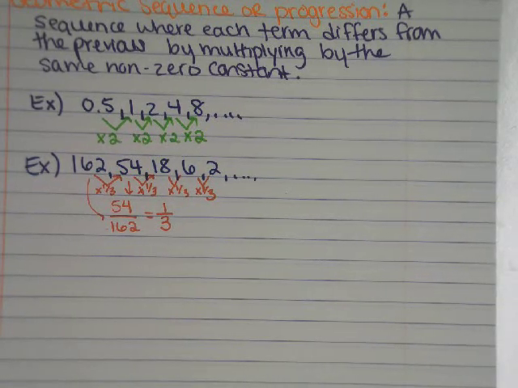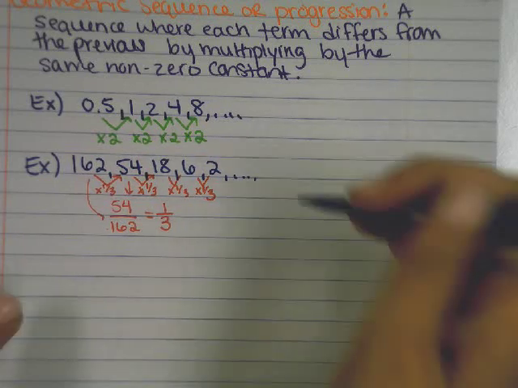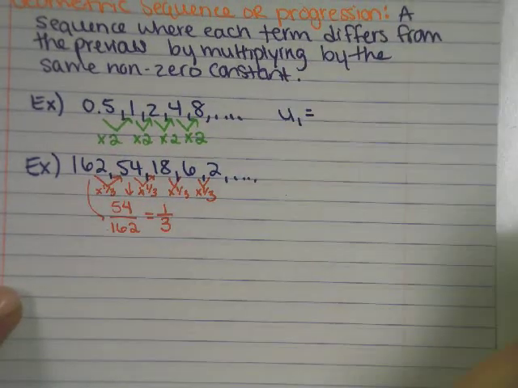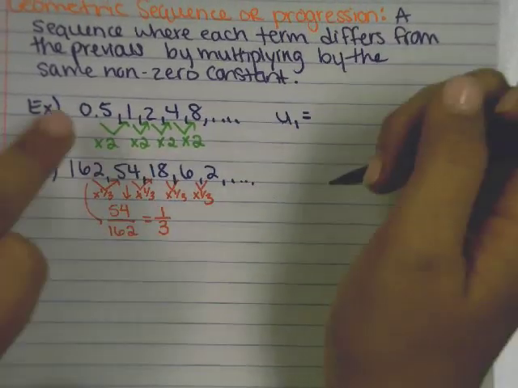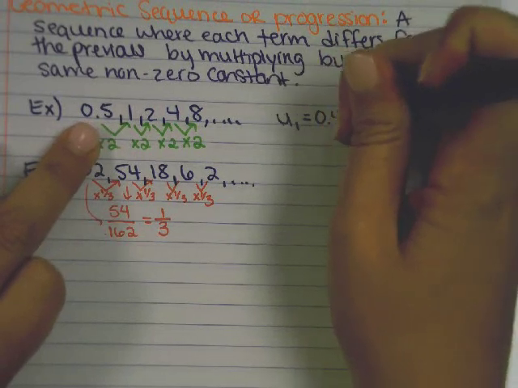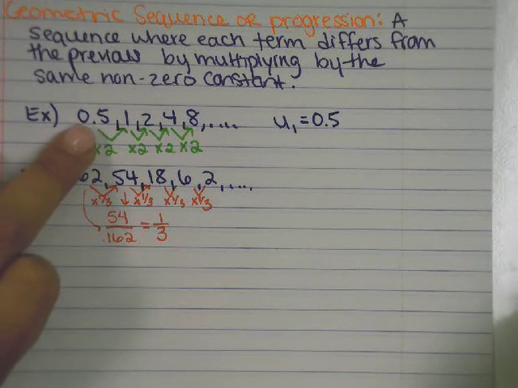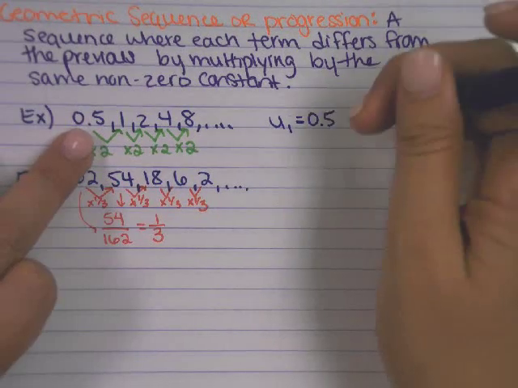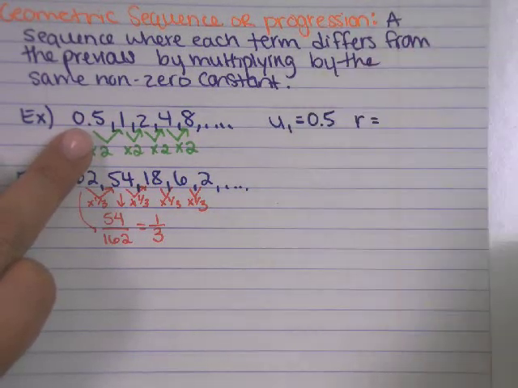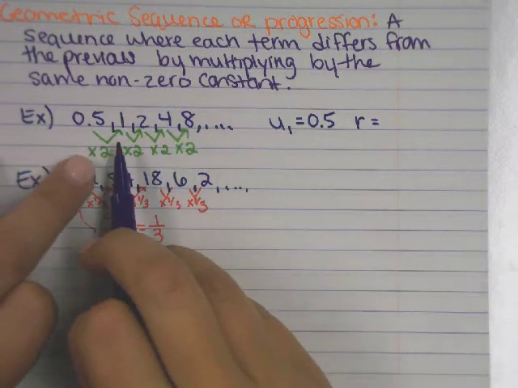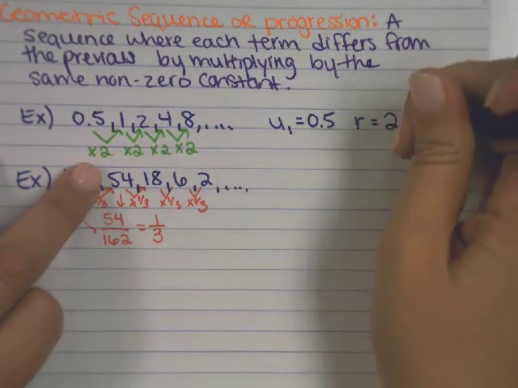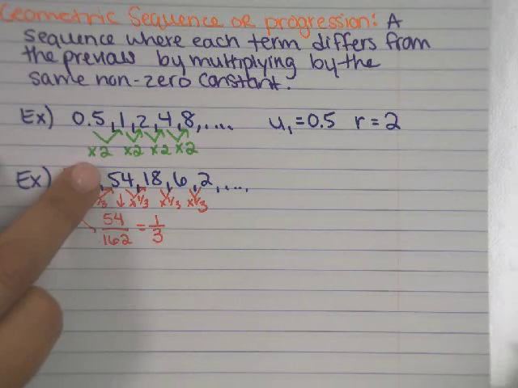Just like with arithmetic sequences, we're going to have to pick out different pieces. So we have the terminology u sub 1, which stands for our first term. So the first term of this is 0.5. With arithmetic, we call our common difference d, but with geometric, we call our common ratio r. So that's the number that you would multiply by, in this case, 2.